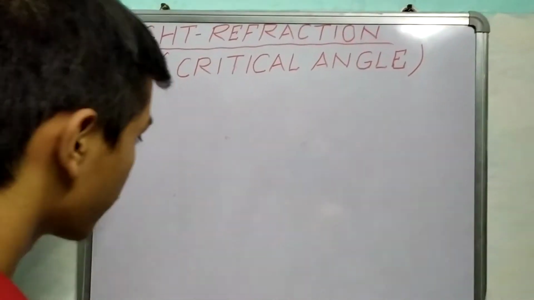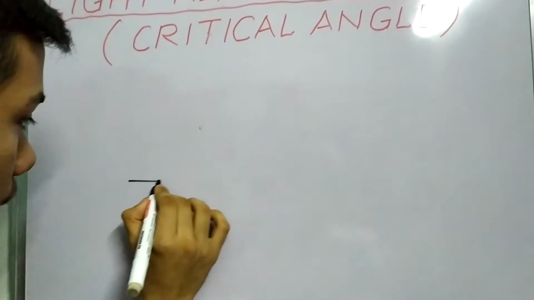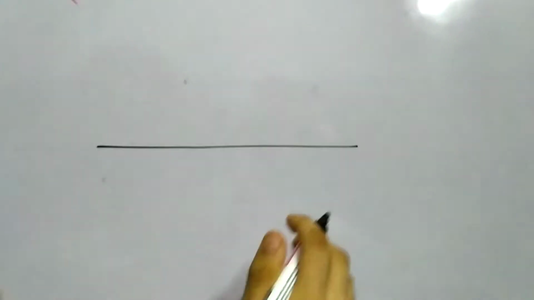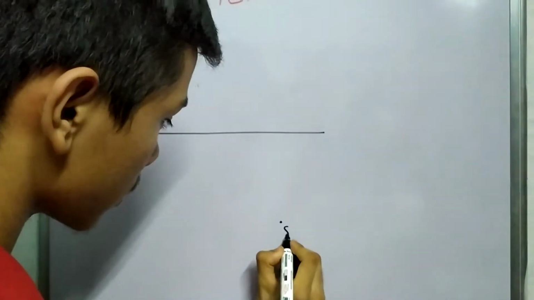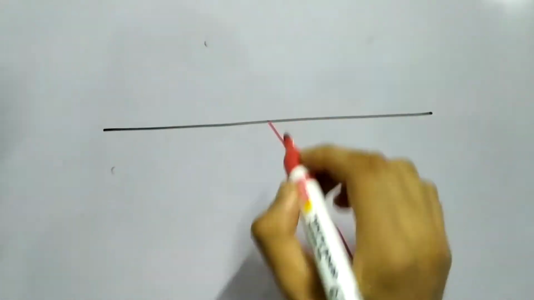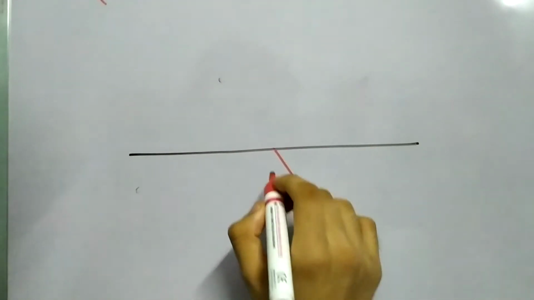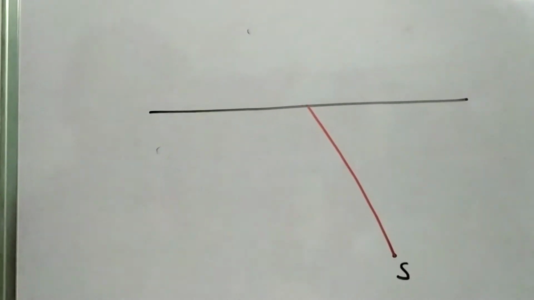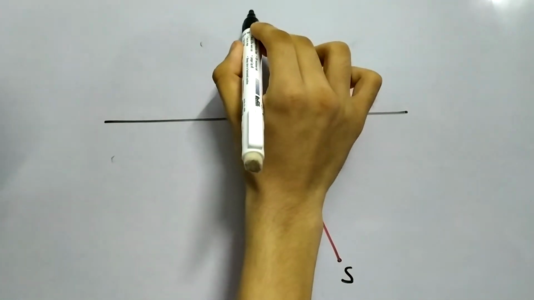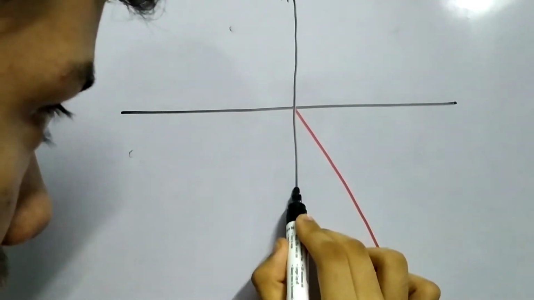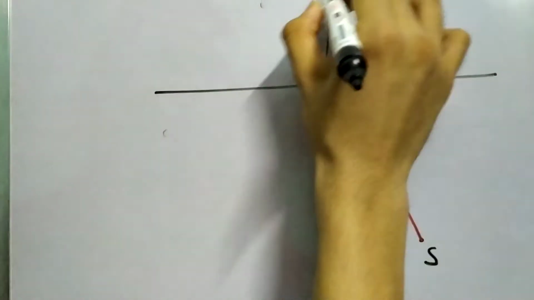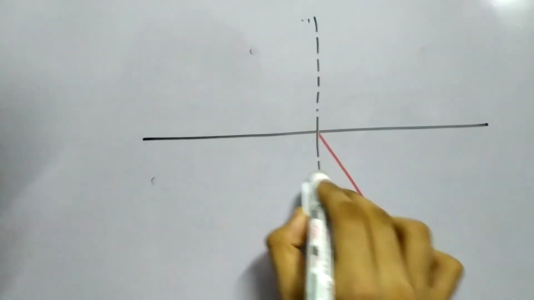So here's what happened. Let us say this is our interface. I am drawing the general case, and here's our source. Let us call this source S, laser in this case, and it emits light. Okay, and let me draw the normal. This is the normal, and we make this dotted.